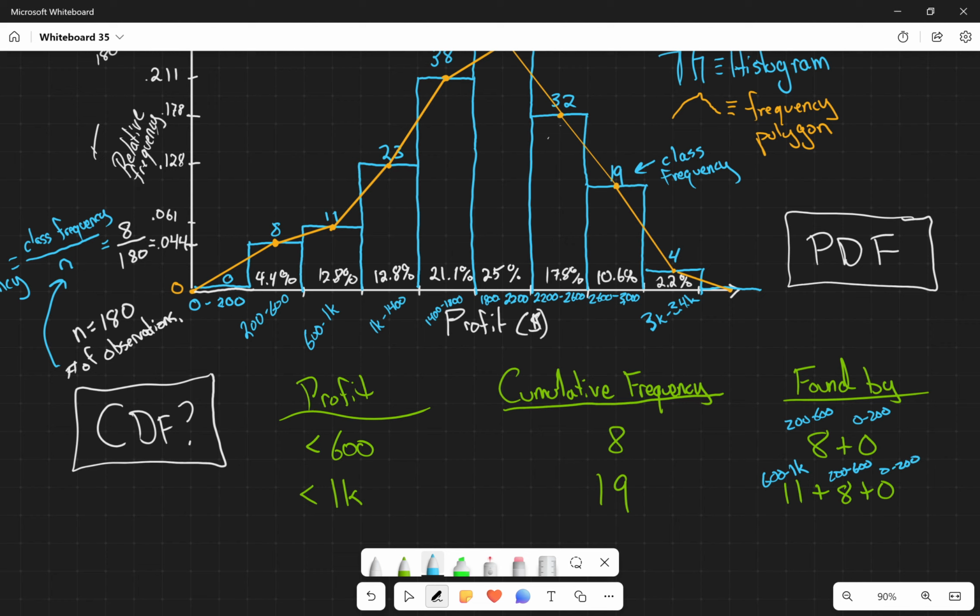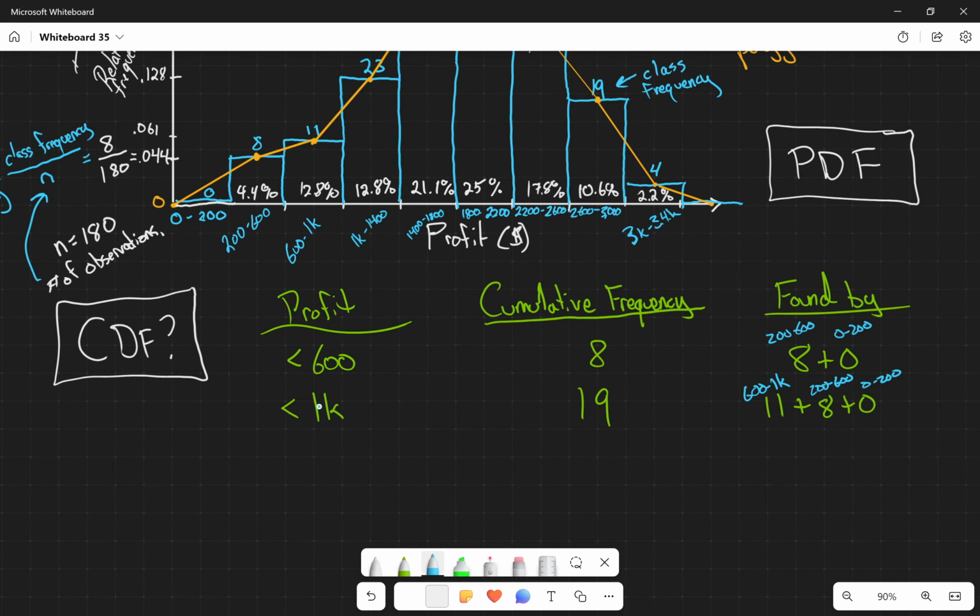So we add all of the raw frequencies of all of the categories below whatever that particular row is. Making sense, everyone? Head nods? Okay.